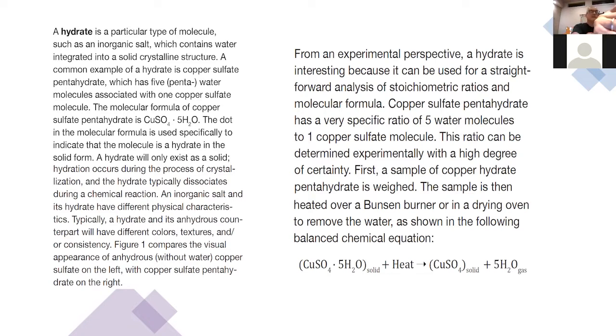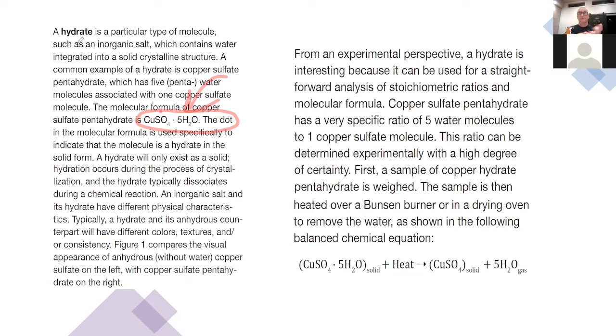And what's given here as an example is copper sulfate. And we've used copper sulfate in the lab. Remember, it makes that really, really pretty blue color. And copper sulfate as a hydrate has 5 waters attached to it. Makes this really pretty blue.